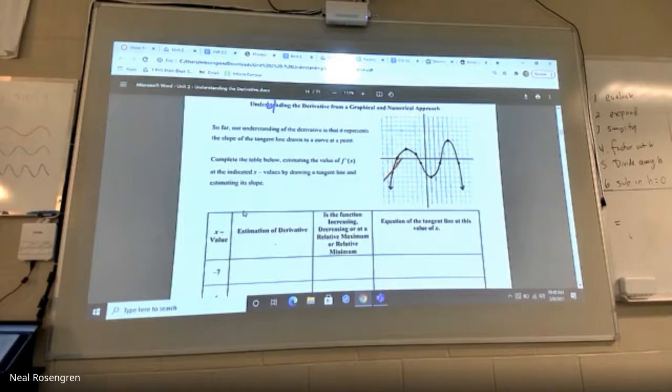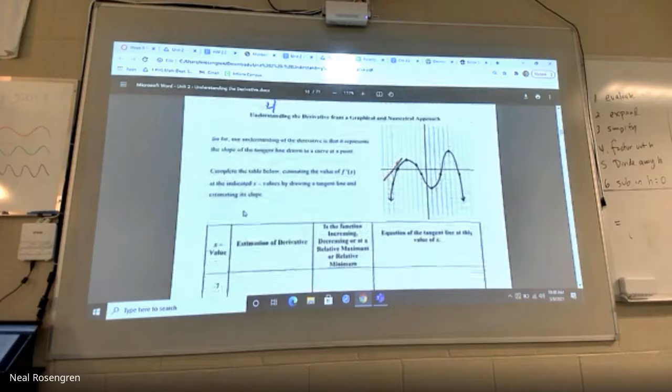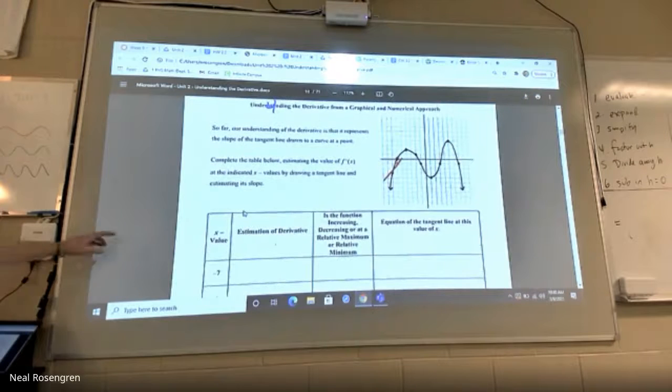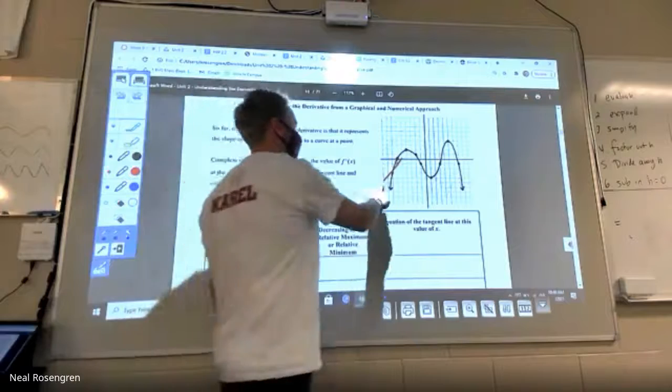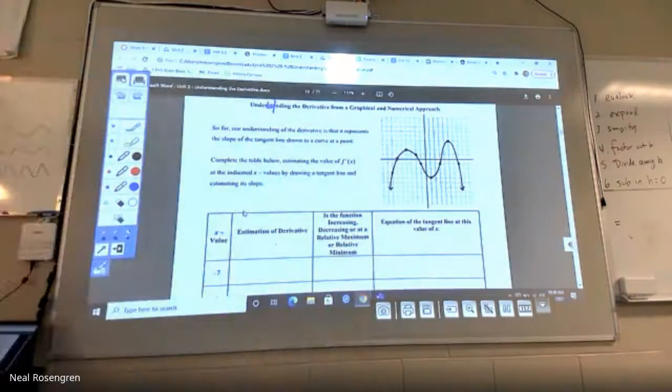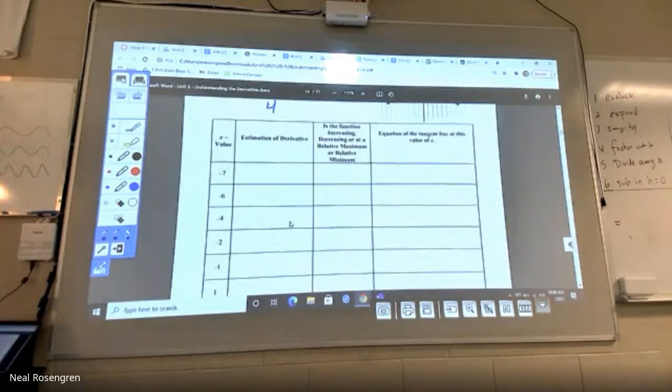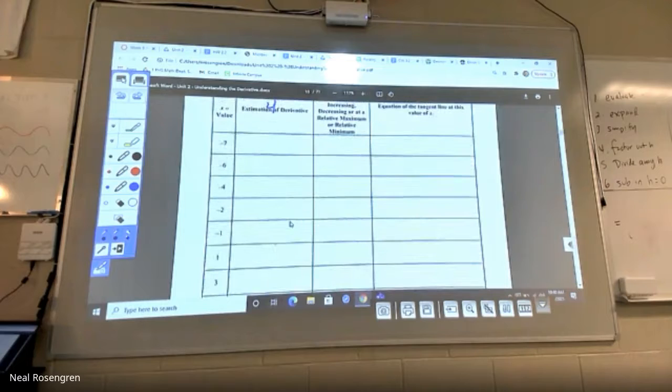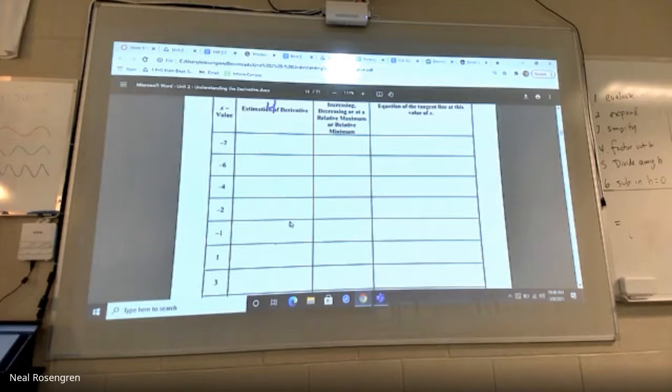Okay. Now, if that's true, if we are a point moving along this function, or you're walking up and down this hill, or however you want to think about it, look at the next column over. Is the function increasing, decreasing, or are we at a relative extremum at that spot?